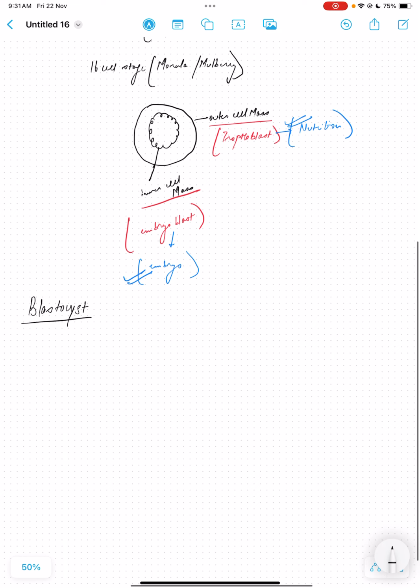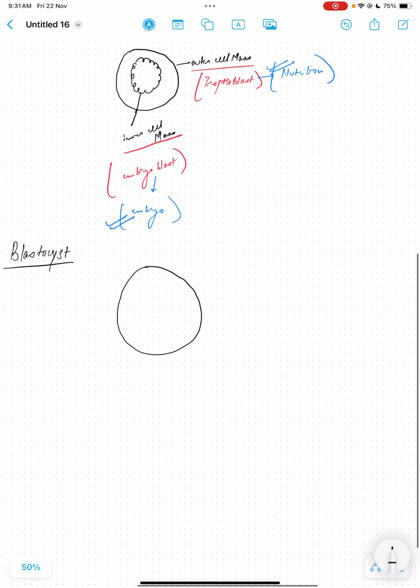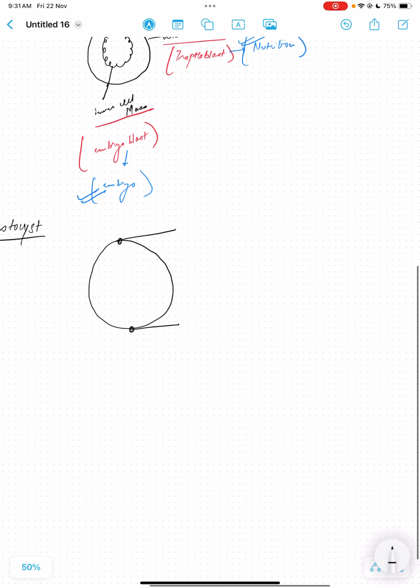What is basically a blastocyst? Suppose this is a cavity. It comprises two poles, the upward pole and the lower pole.